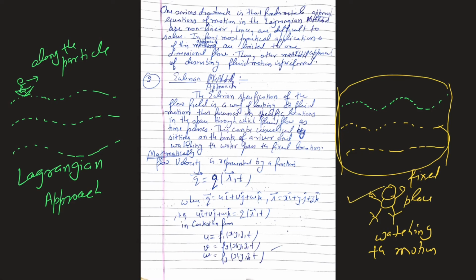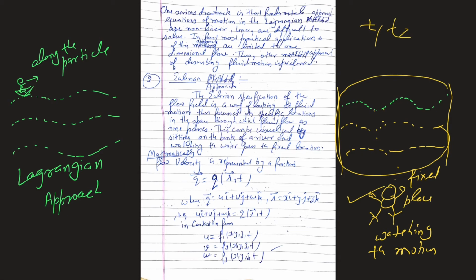And he is recording the motion through his camera, like at time say t1 he takes a photograph of the motion. At time t2 he again takes a photograph of the motion. Photograph means the position of the particles, like the particles are here, and wherever the particles are, that picture is captured.